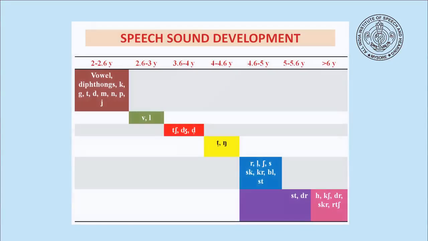It is very natural for young children to produce unclear speech. The correct production of different speech sounds is achieved at different age ranges. Generally, by the age of 4 to 5 years, most children are able to clearly produce all the speech sounds of their language.